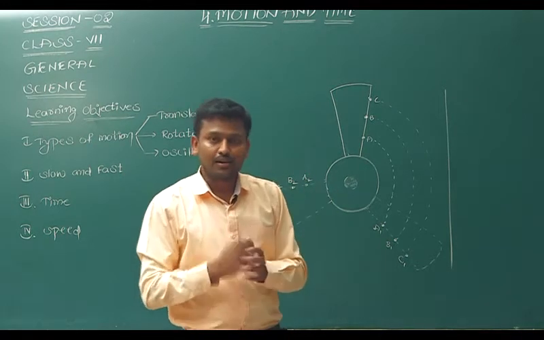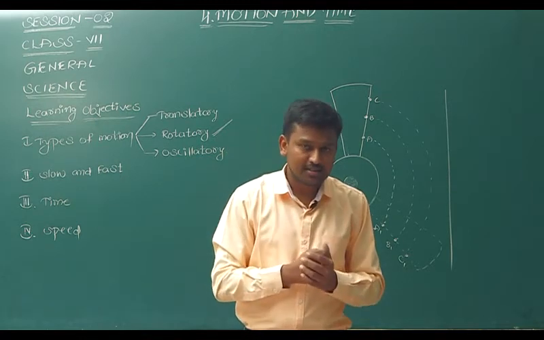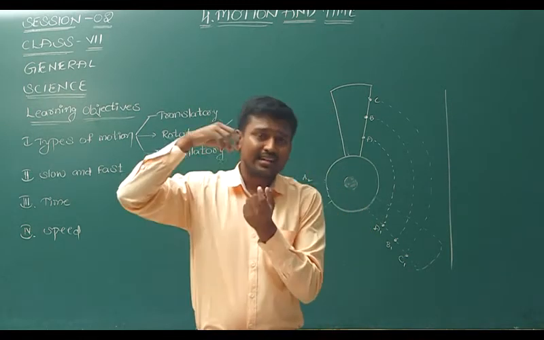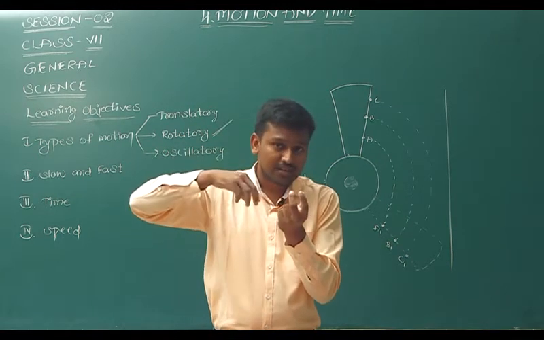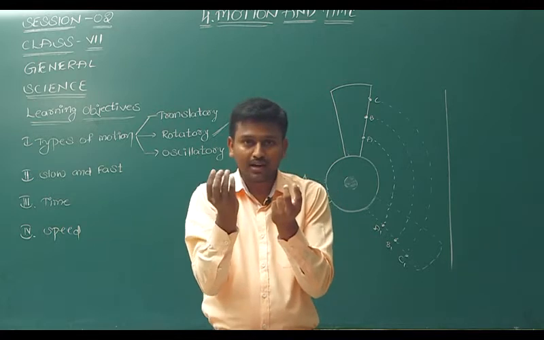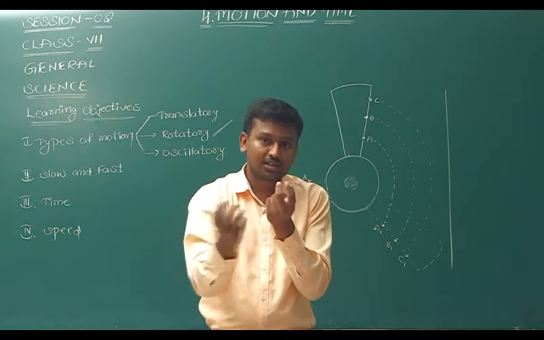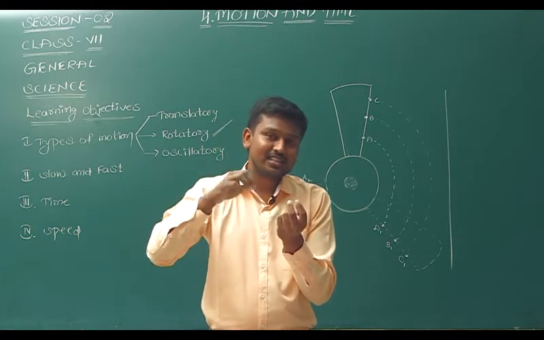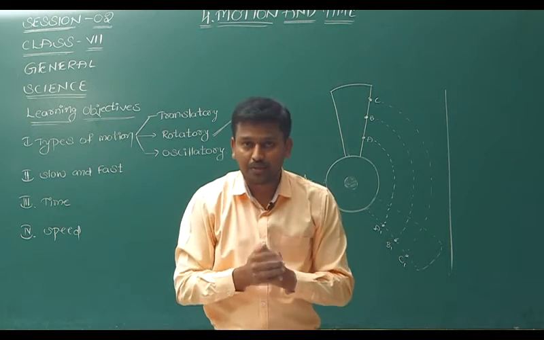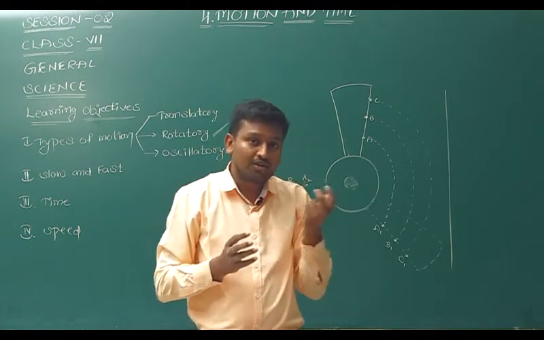For example, the rotation of the earth is rotatory motion. Yes, and that same earth orbits the sun in a circular path. The whole earth body moves in a circular path, revolving around the sun. In this situation, we consider this as circular motion, because the whole body, the earth, is revolving around the sun.